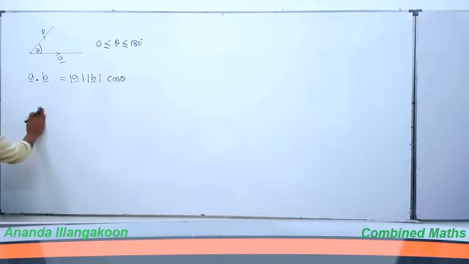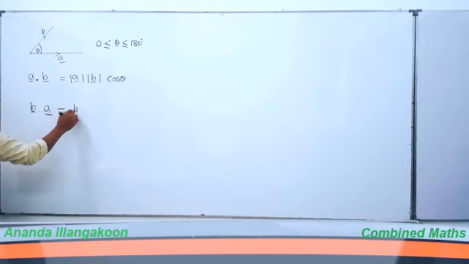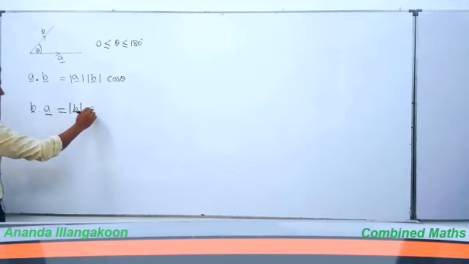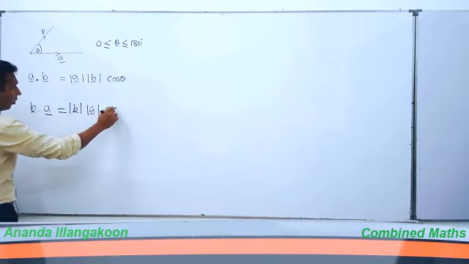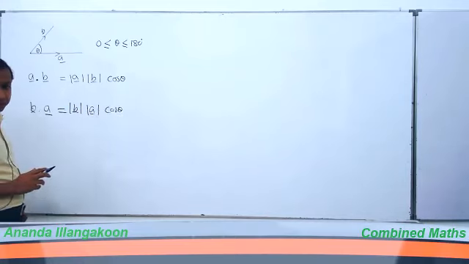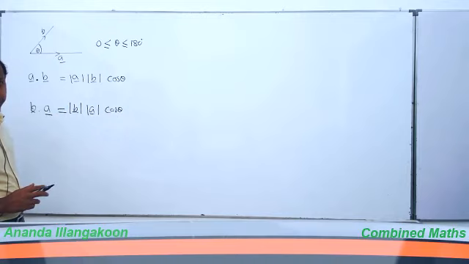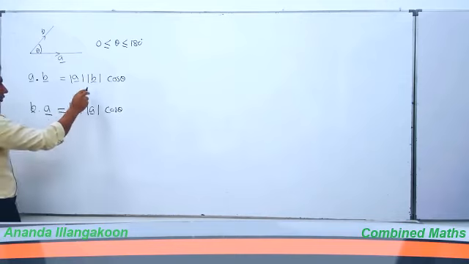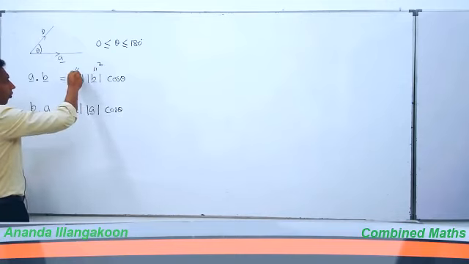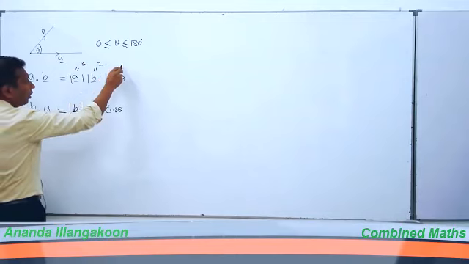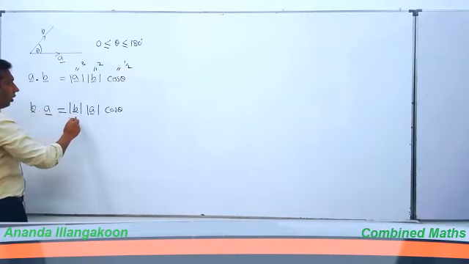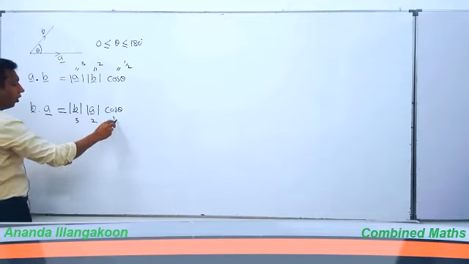Now, when we consider B dot A, we write modulus of B, modulus of A, and again the angle between A and B is theta, therefore cos theta. Now you can see here, if we take mod B as 2, mod A as 3, and cos theta as, suppose, half, then here we have 3, 2, half.